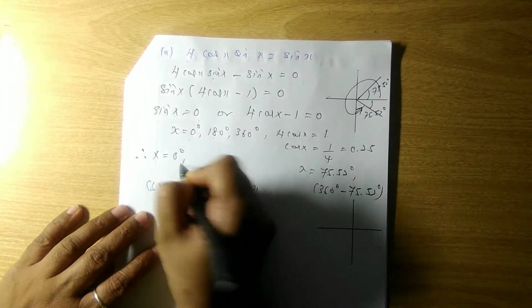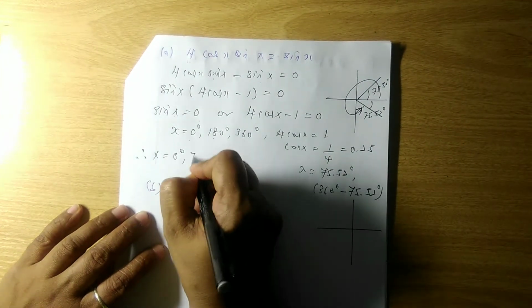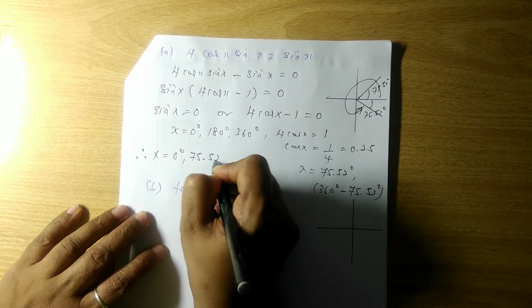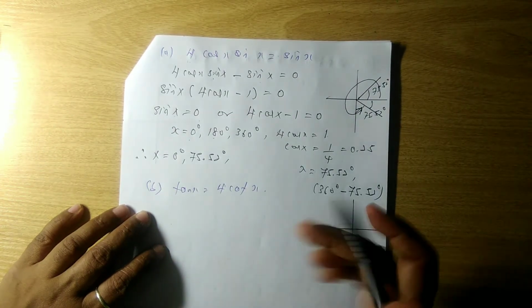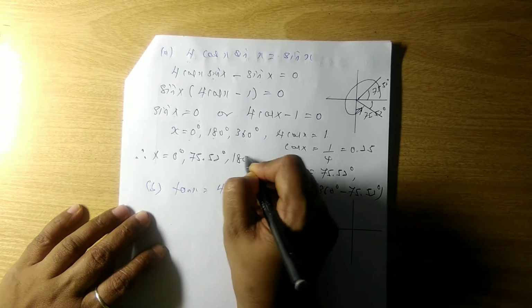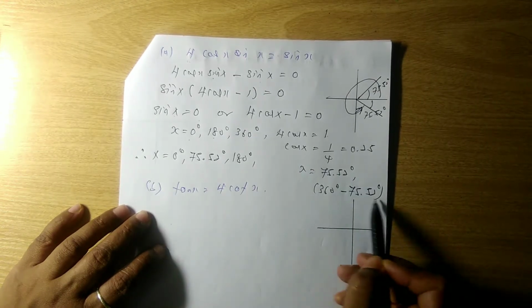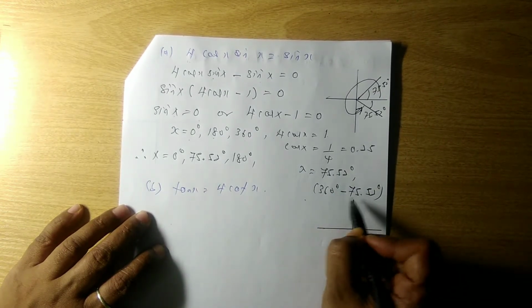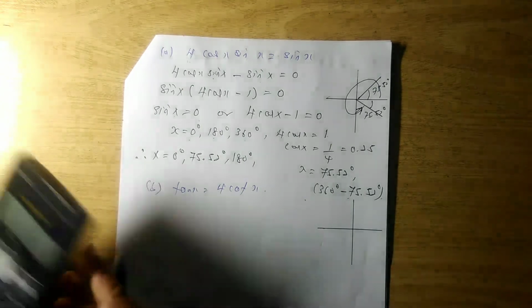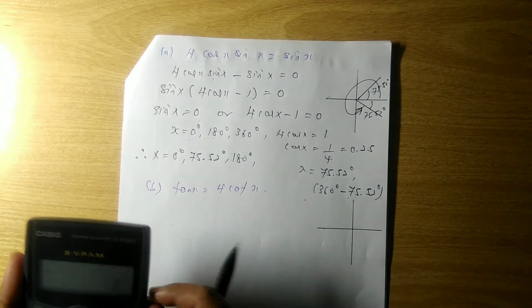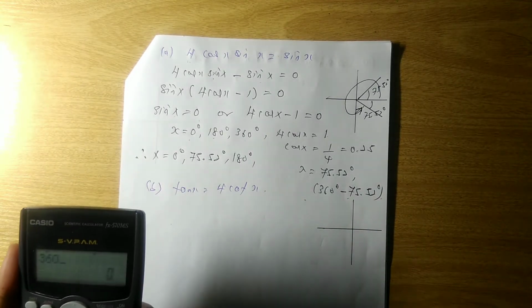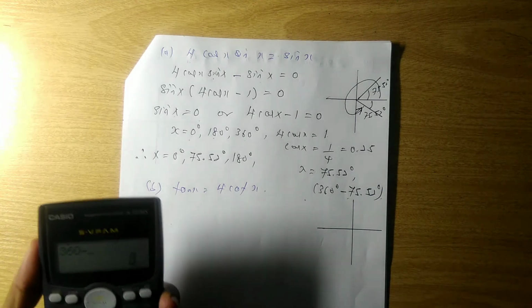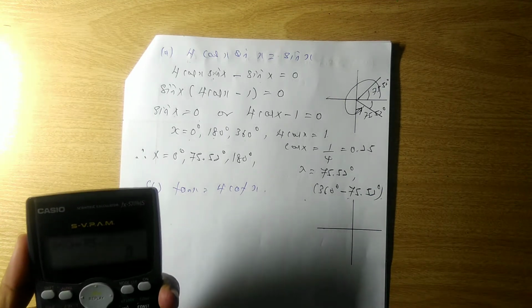Okay, so therefore the x values, we put them in ascending order: 0 degrees. Okay, the next one is 75.5 degrees. Okay, followed by 180 degrees. Okay, followed by this angle now. So this one will actually be 360 minus 75.52.